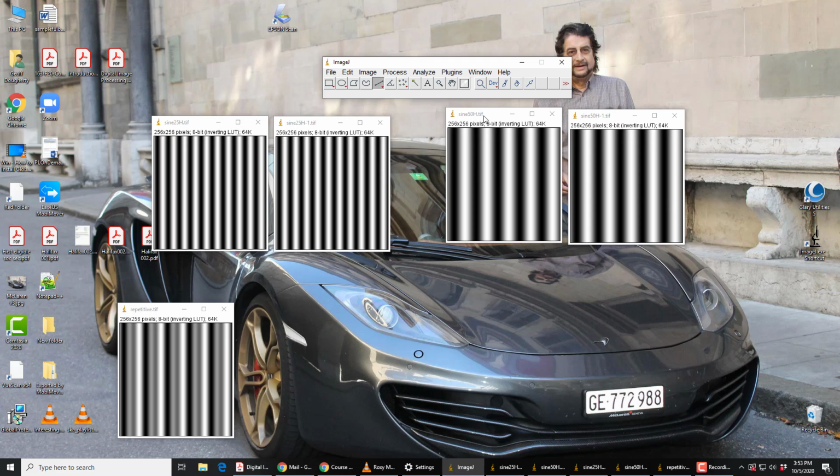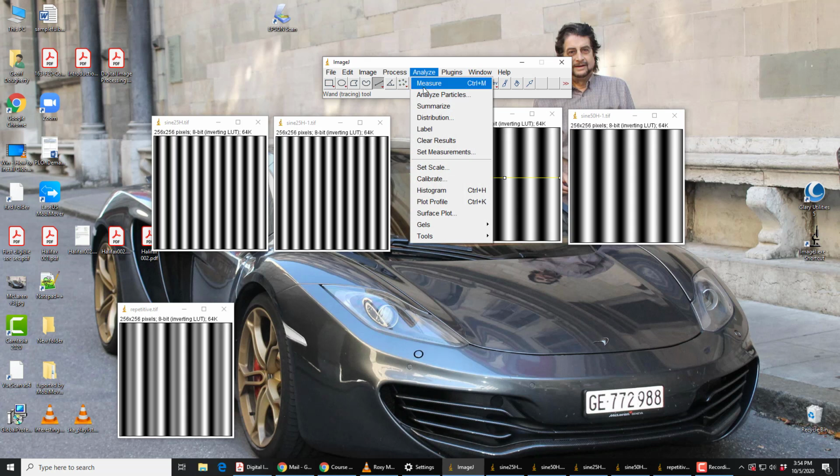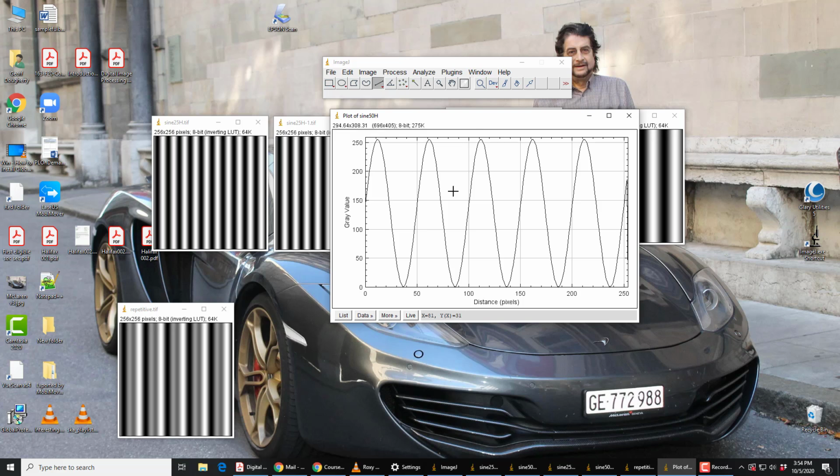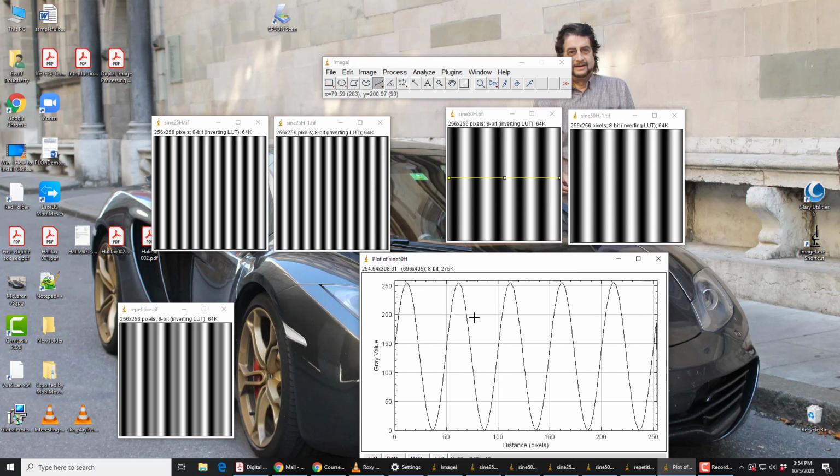If we take this image, the horizontally changing sine wave, you have to prove that it's a sine wave. If we hold the shift key down and draw a horizontal straight line and then go to Analyze, Plot Profile, we'll see that the profile is a sinusoid.